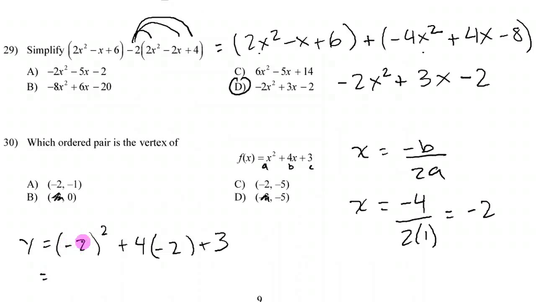And be careful here, negative times a negative is positive 4. Here I get minus 8 plus 3. And so my y value is negative 4 plus 3 is negative 1. So my vertex is going to be negative 2 for x, negative 1 for y, which is A.